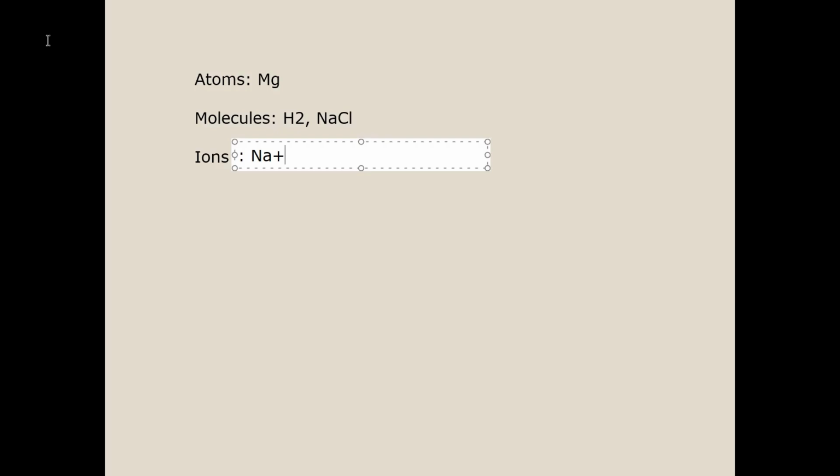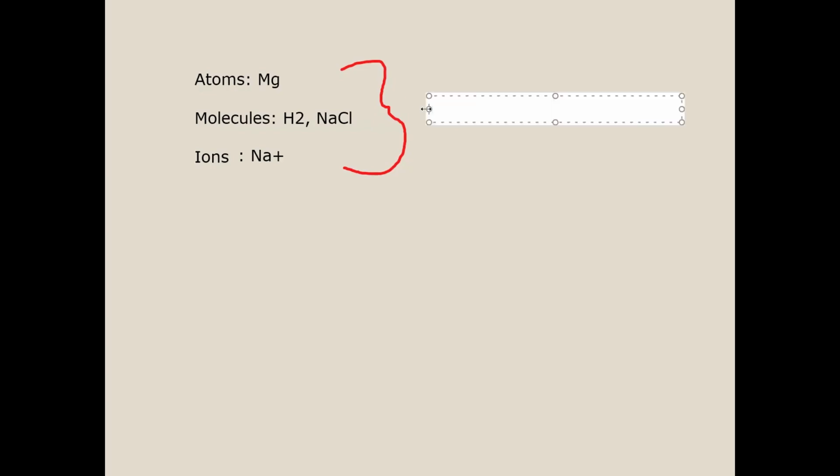So anyway, the number of particles: these particles can be an atom, molecules, compounds, or ions. 1 mole of any kind of particles contains a specific number of these particles, and this number is a constant called Avogadro's number.